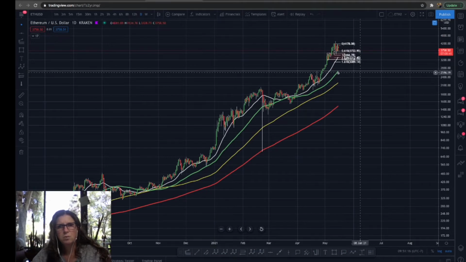Oh, I marked the 50 with a white line. That's what I did. As you can see, the 21 is coming right up into the box on the daily, which is support. Also with the box support. And I marked the 50 with the white line. That's what I did that for.